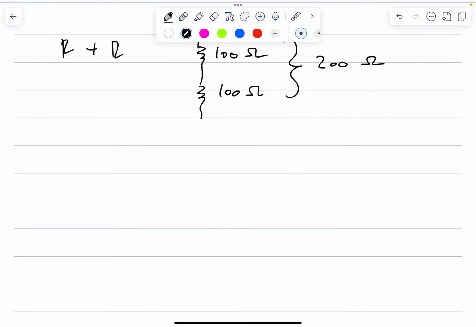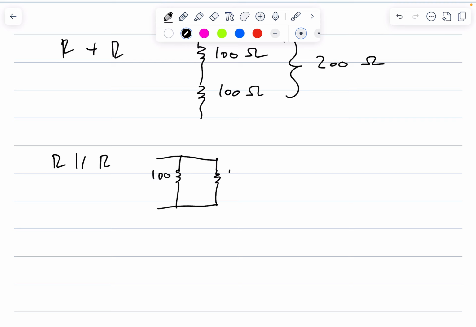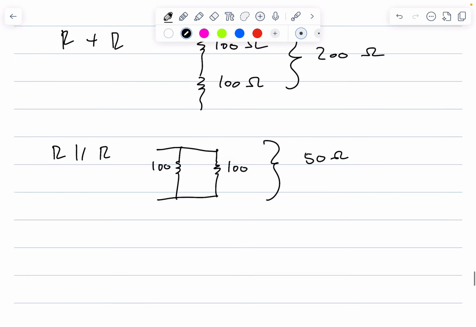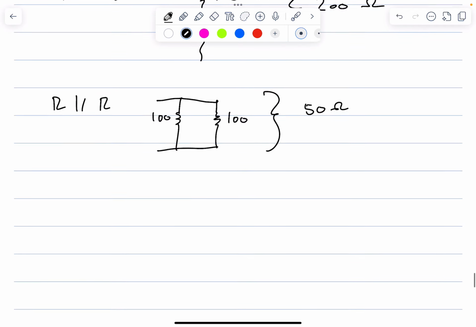But interestingly enough, if you have two resistors in parallel, say 100 here, 100 here, now this is 50, right? I know it's a little strange, but let's think about it for a second.